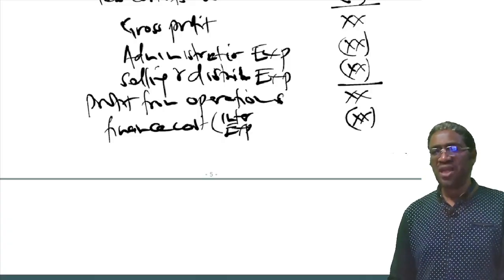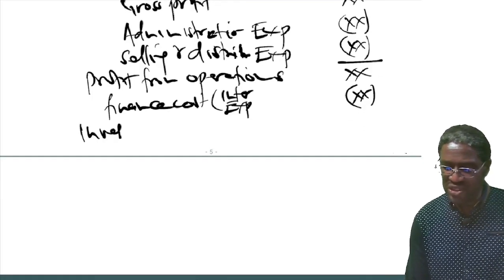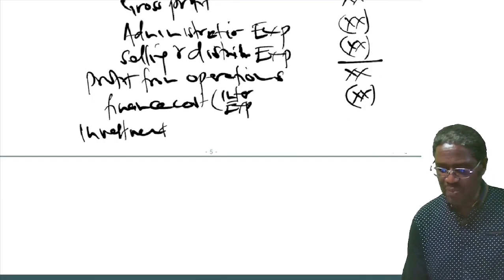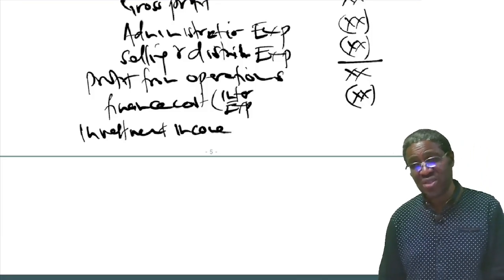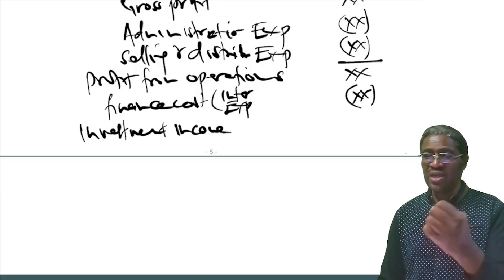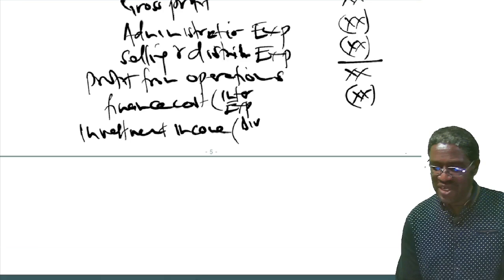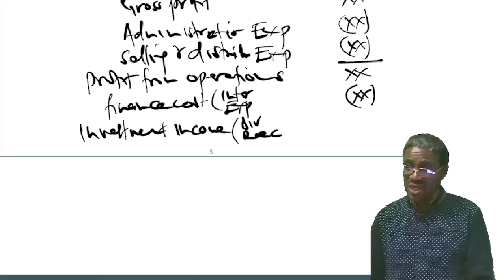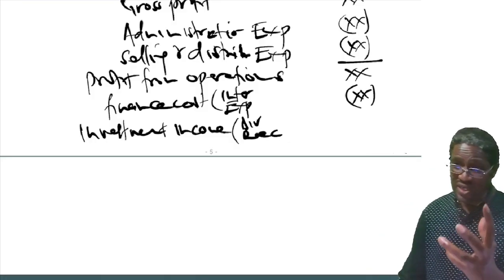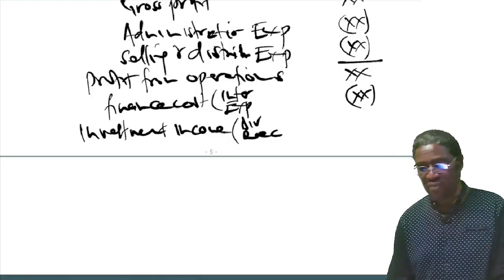Good. The other item after finance cost, you come to what we call investment income. Maybe your company has some investments, and from those investments, they are earning some income. This could be in form of dividend received. Maybe you have shares in another company and you are earning some dividend. So bring that dividend received as an investment income.